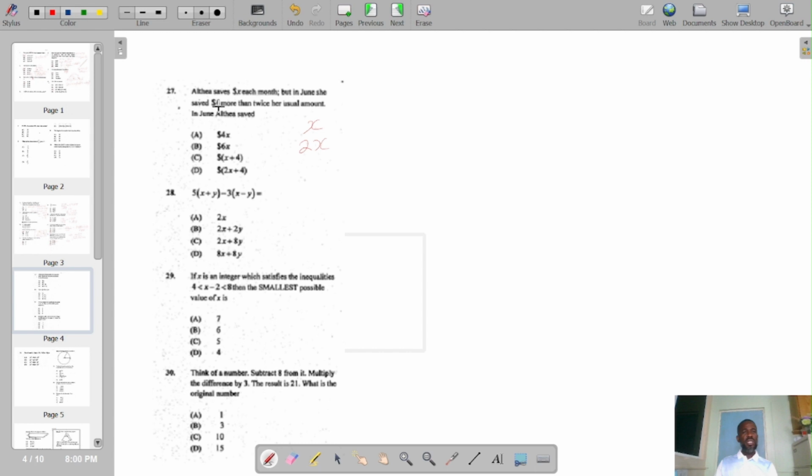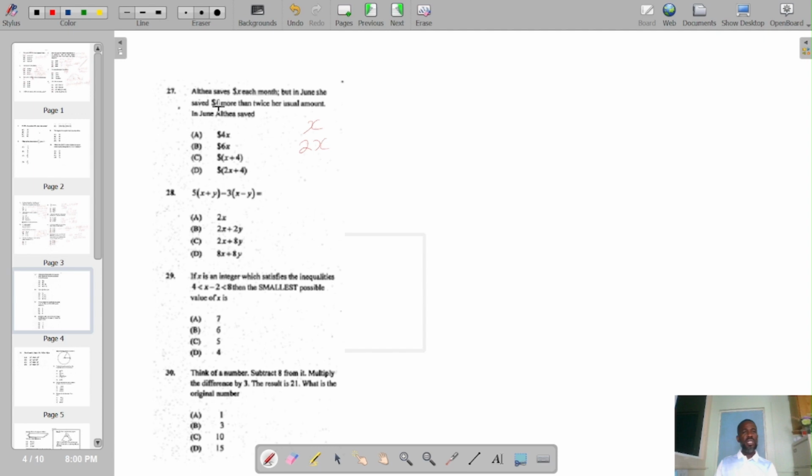All right, moving on to number 18. It says 5 open bracket x plus y, minus 3 open bracket x minus y. Using the distributive law, 5 times x will give us 5x, 5 times y will give us 5y, minus 3 times x will give us 3x, and a negative 3 times a negative y will give us positive 3y.